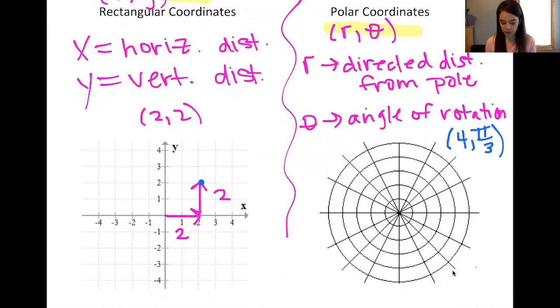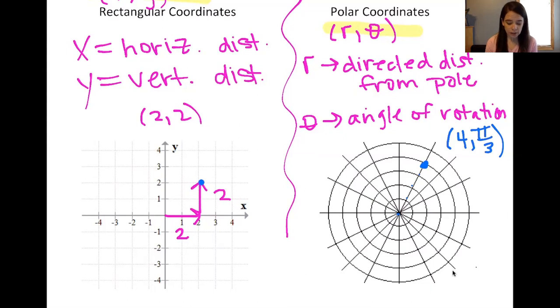So if we rotate from the positive x-axis, we know that this guy right here is pi over 3. So what I'm going to do is from the pole, which is here, I'm going to move along that angle a positive 4. 1, 2, 3, 4. And that would be our coordinate.